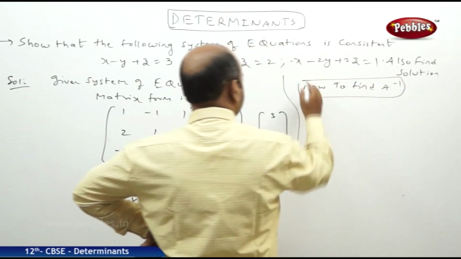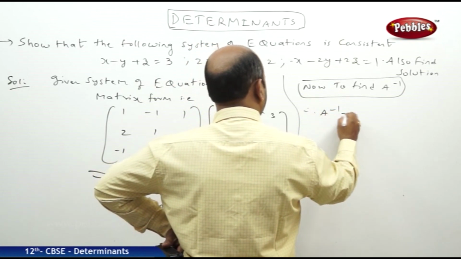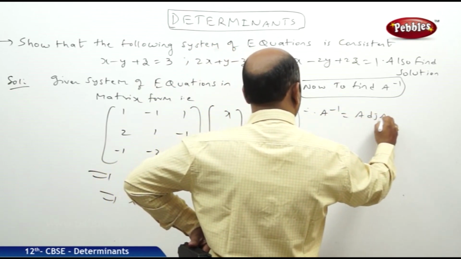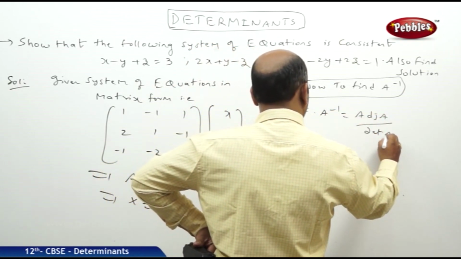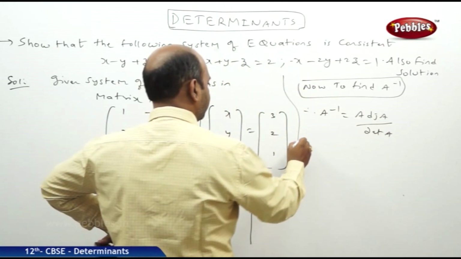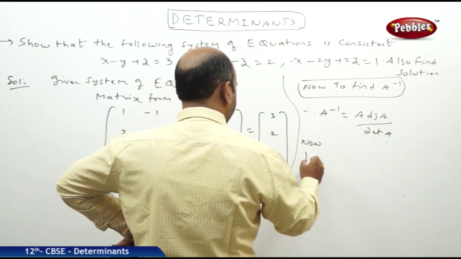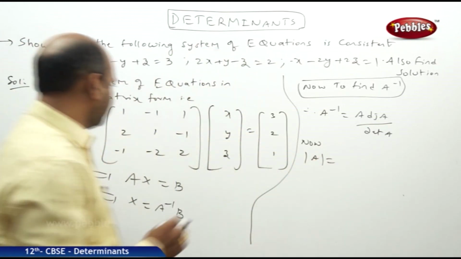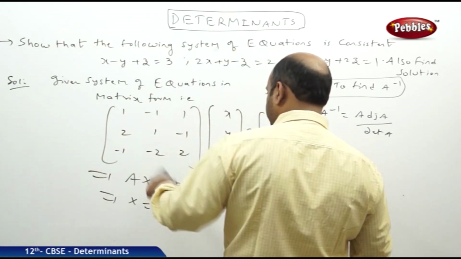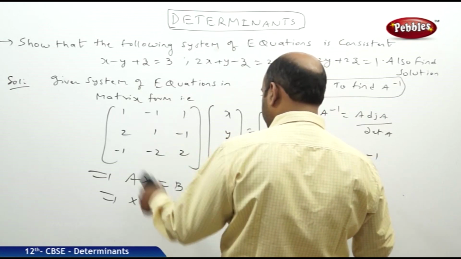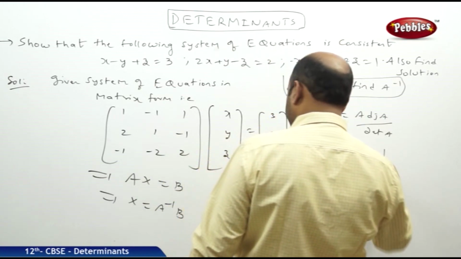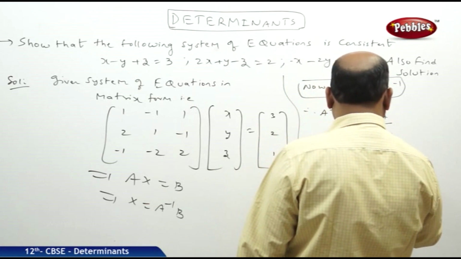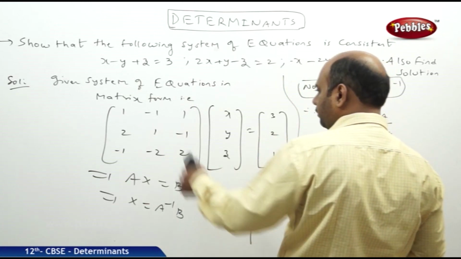To find A inverse means what happens? A inverse is equal to adjoint A by det A, and it all depends upon det A. Now det A can be written as mod A also. So we shall be finding out 1 into its minor. 1 into its minor means 1 minus 1 minus 2 2, and later minus of minus 1 into its minor.